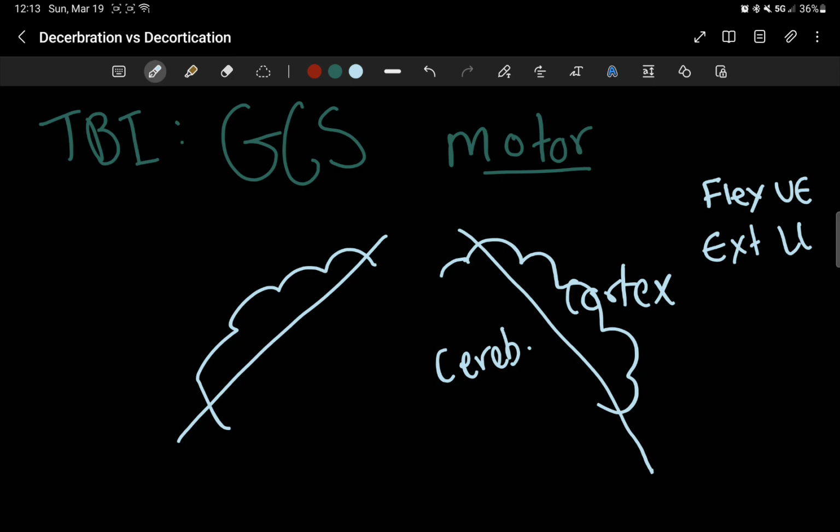They go back to the primary muscle groups in charge of motion. What are the stronger muscle groups for the lower limbs? The extensors, because these are the anti-gravity muscles. And in the upper extremities, the flexors, because these are the muscles we use more to lift things. So these are the primary muscle groups.